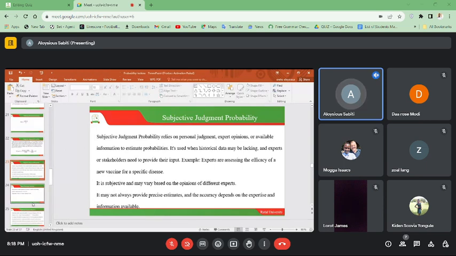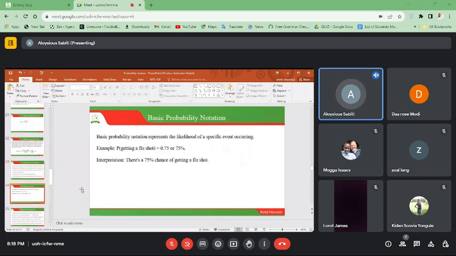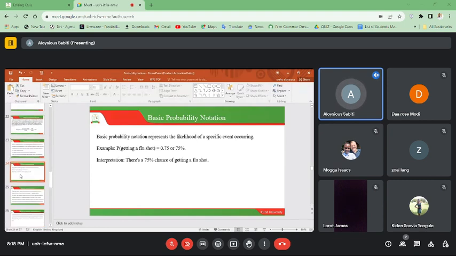So, up to that far, do we have any questions so that tomorrow we can look at basic probability notation and other things and summarize this particular probability aspect?